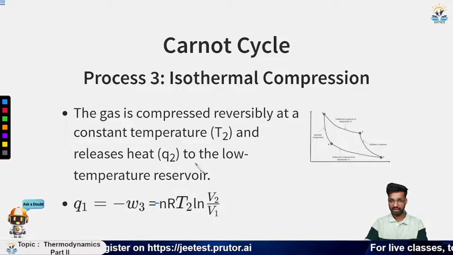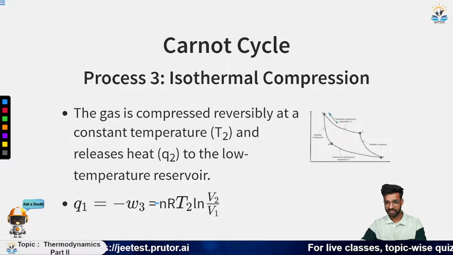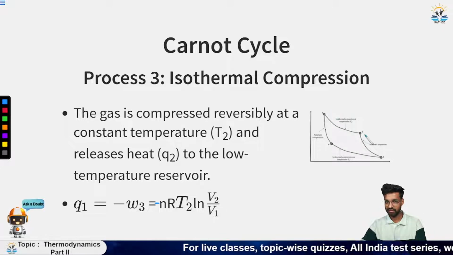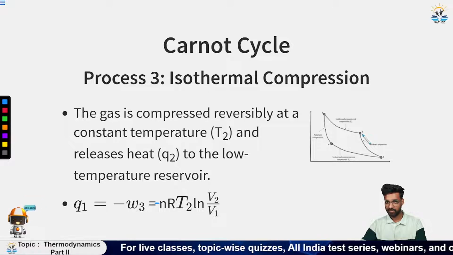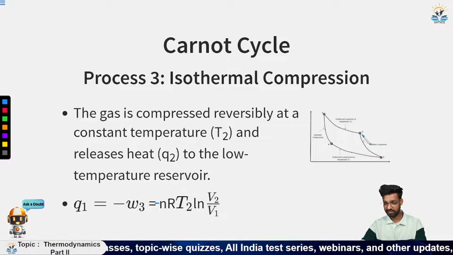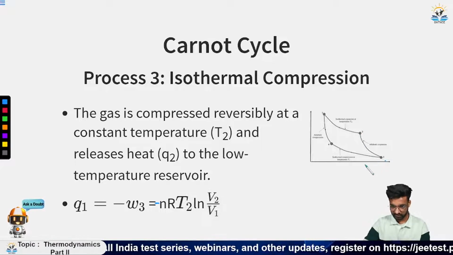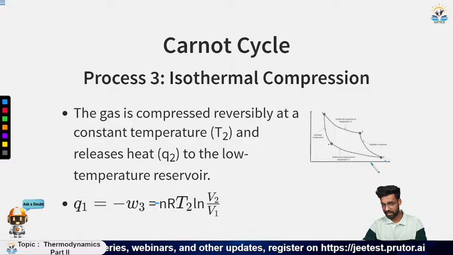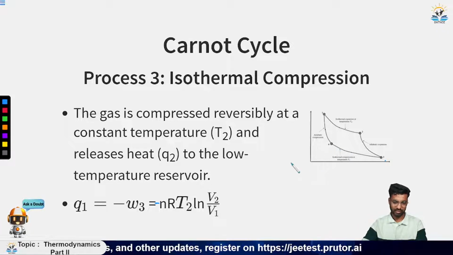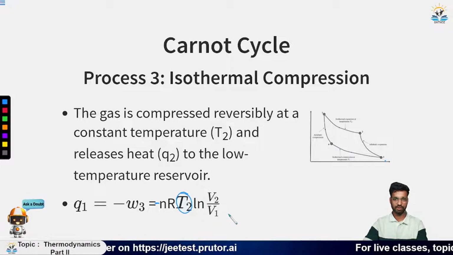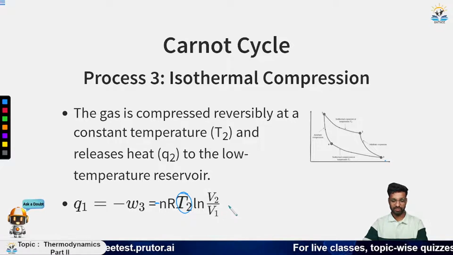We started from temperature T1, so for the isothermal expansion this will always be T1. Then we move to adiabatic expansion, going from T1 to T2. And then again we go for isothermal compression. Since the temperature is kept constant, it is T2, and ln V2 by V1.